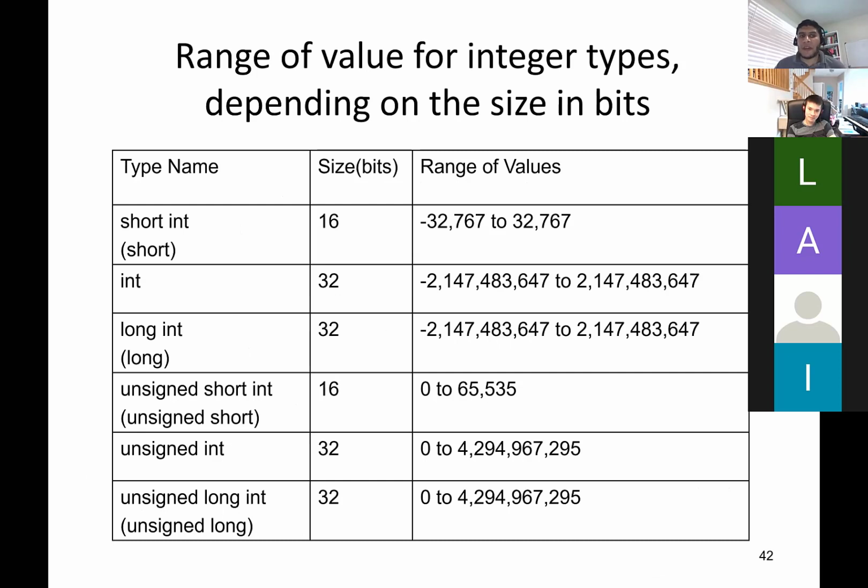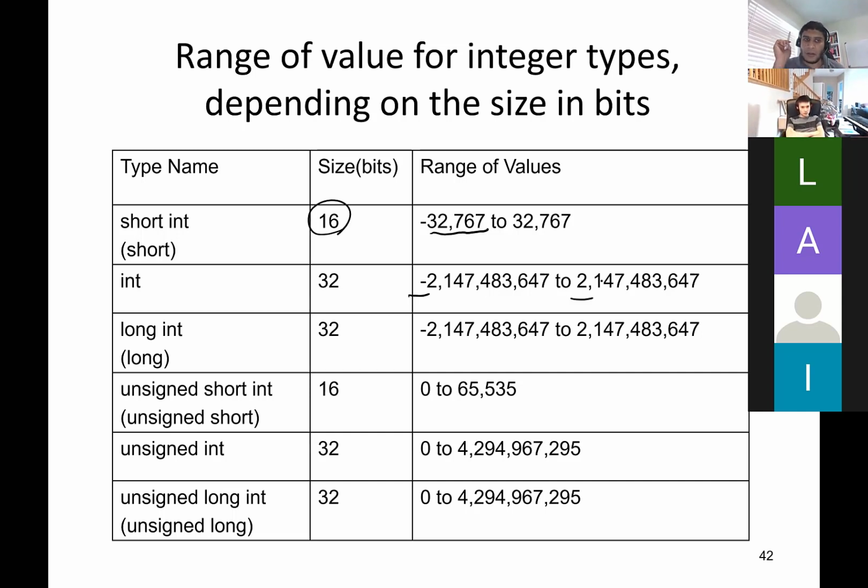Okay, here are some of the ranges. So remember I said you have this to the power 16, it's to the power 15 minus 1. If you try it in your calculator, you'll find it's to the power 15 minus 1, right? Because you took 1 bit for the sign, and then you range from negative to positive. And then int. As I said before, an important thing is that by default, if you didn't specify, it would be signed, right? So if you just write int, that means it can take both negative and positive values.